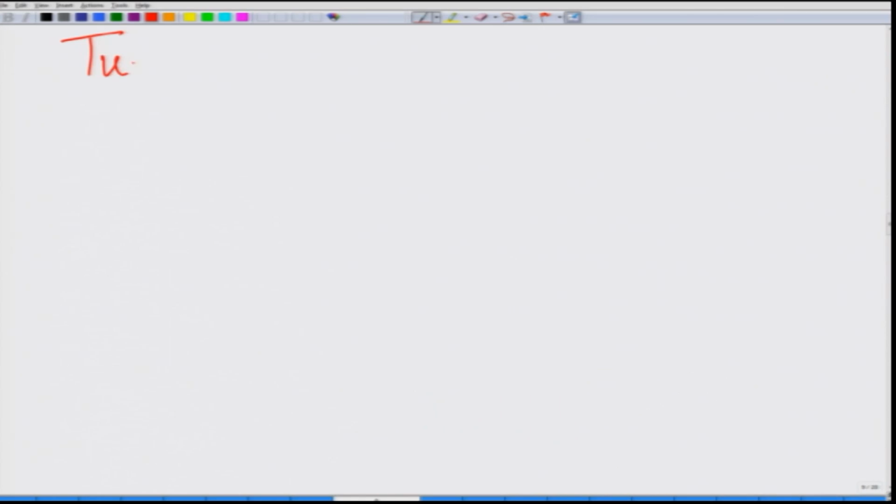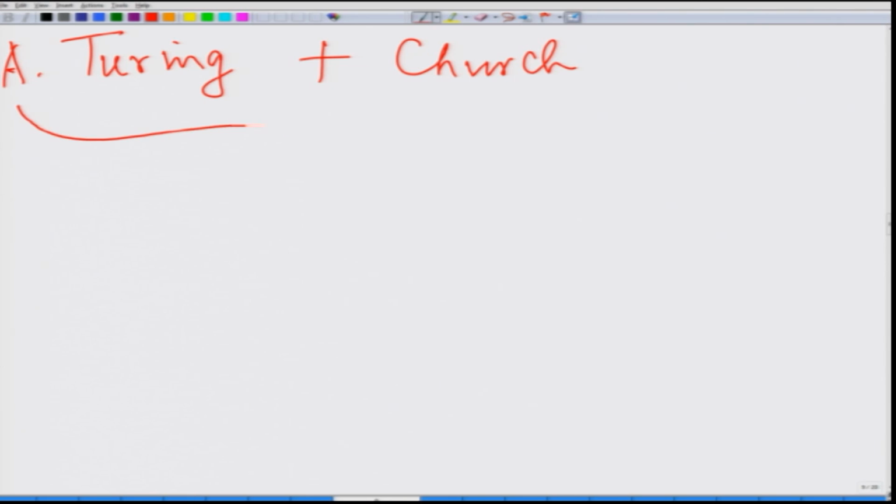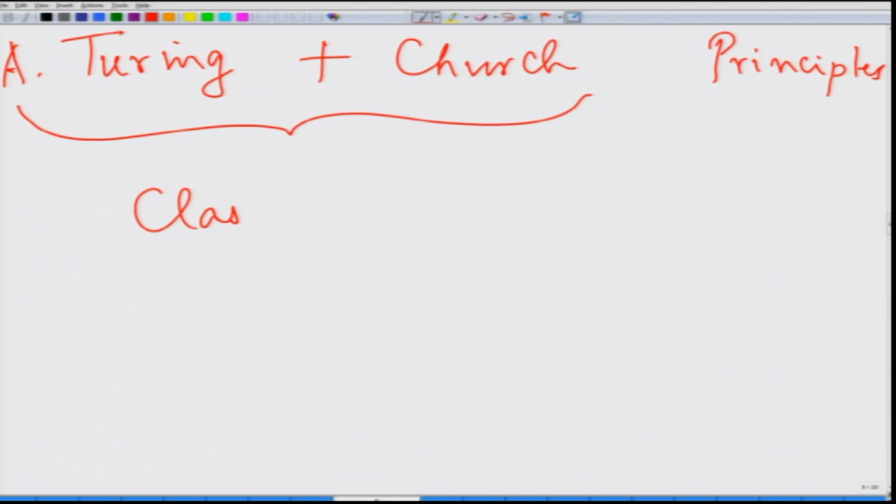So that was first done by Alan Turing, and it was later on clarified a little bit better by Church, another person. And so this particular principle is known as the Church-Turing principle, which almost dictates all the known classical computing principles.